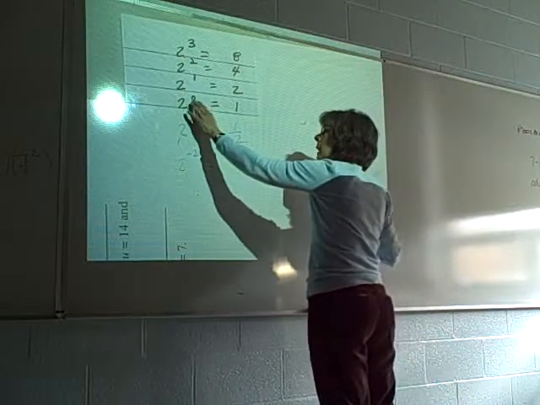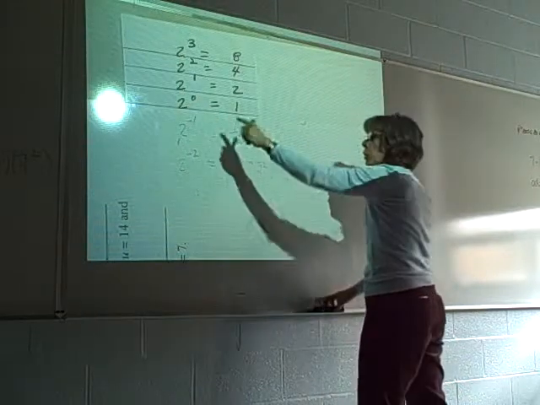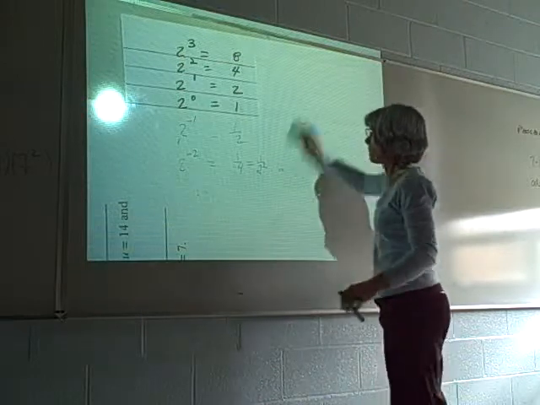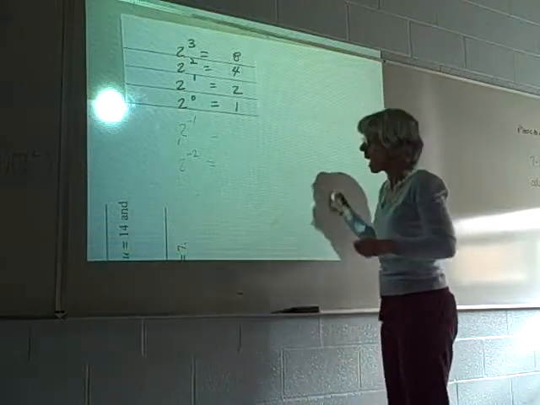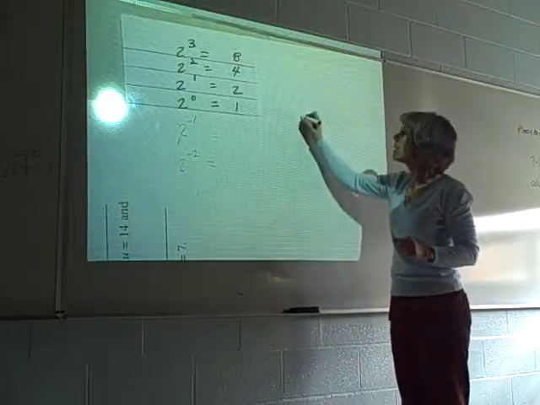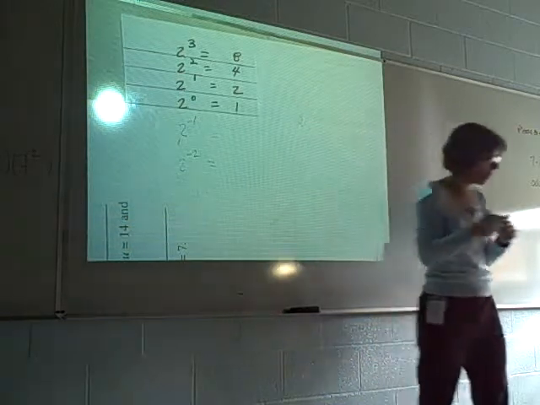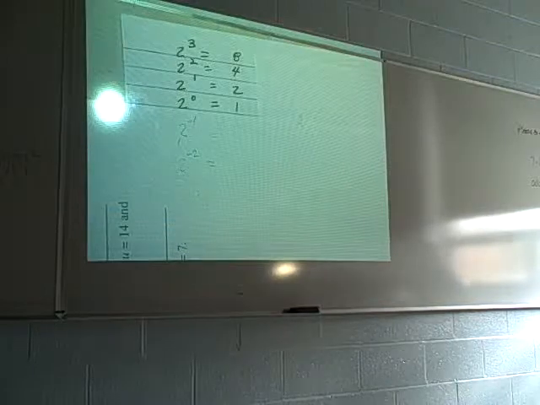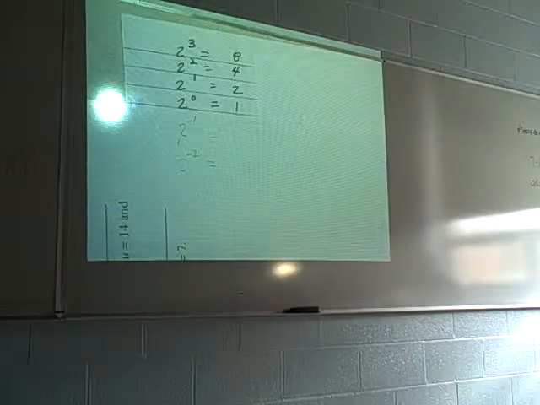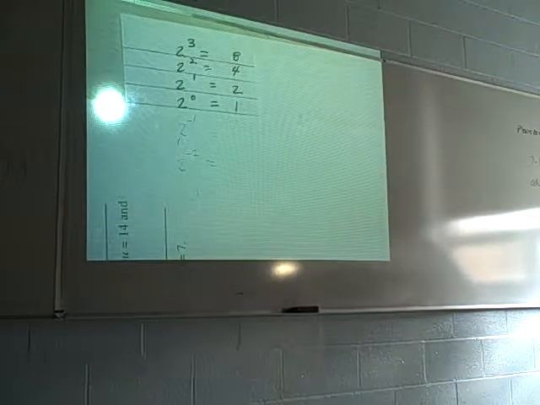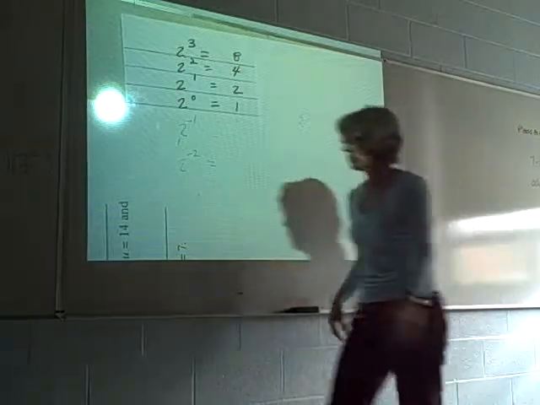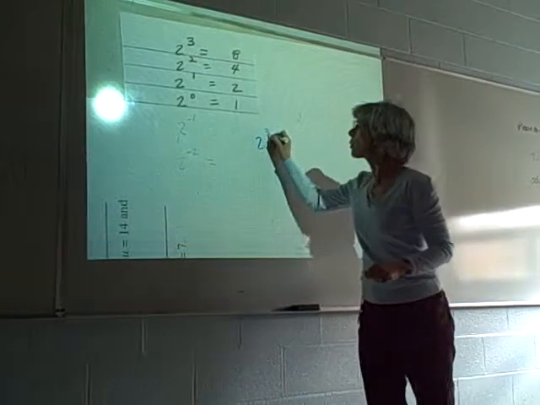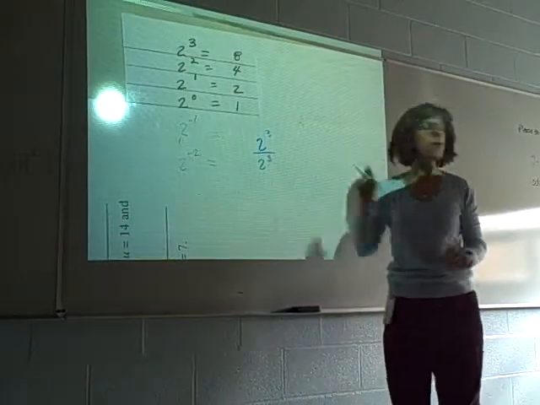That's one example. I have another example to prove to you that any number to the 0 power is equal to 1. How about if I had 2 to the 3rd divided by 2 to the 3rd?